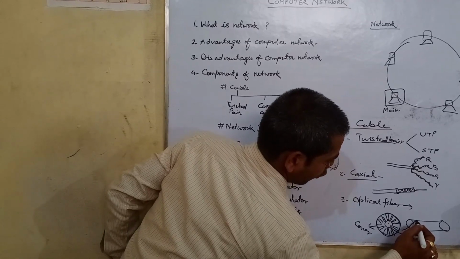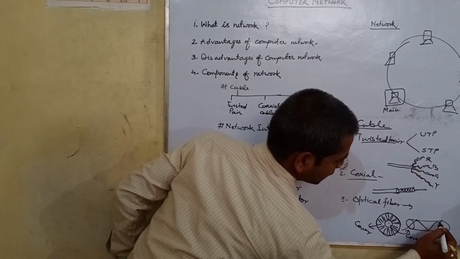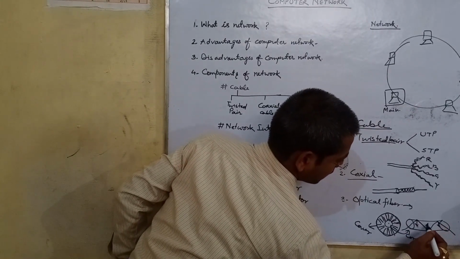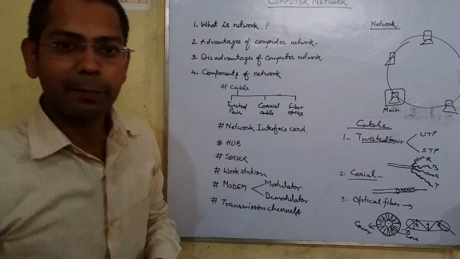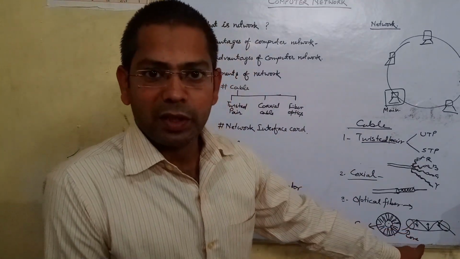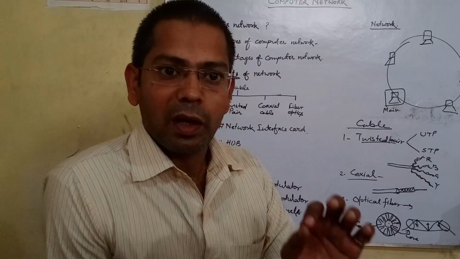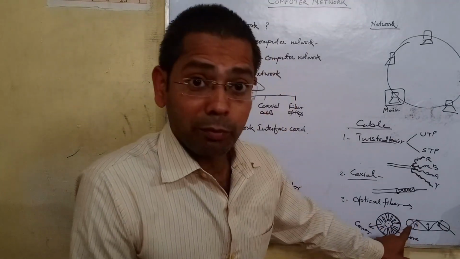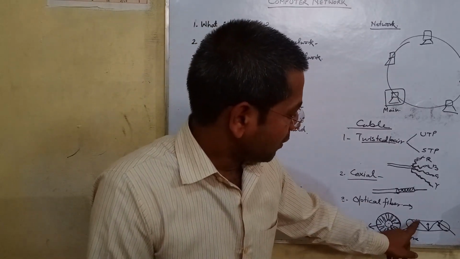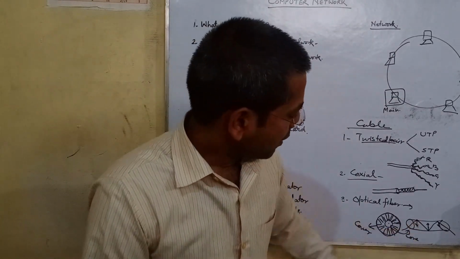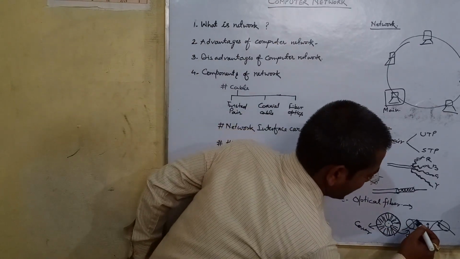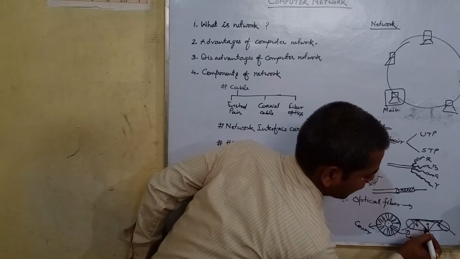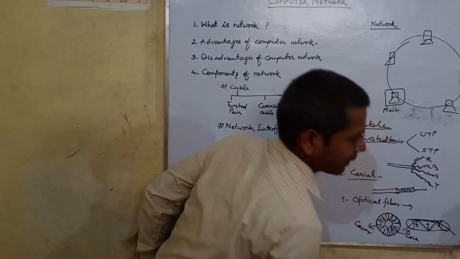The signal goes in terms of light. The speed of the signal in the optical fiber is the highest. The signal of the data comes in the form of a light ray, and here it strikes the glass plastic layer, and afterward gets reflected, again it reflects, again it reflects.